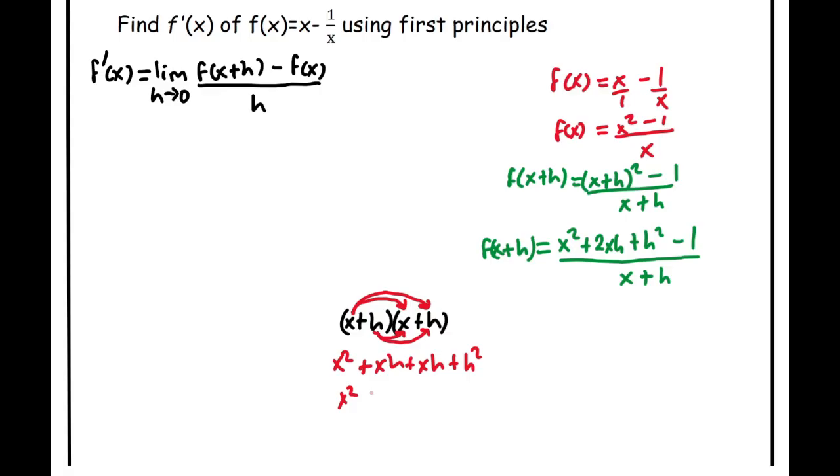So this becomes x squared. These two are like terms. When we add them, we get 2xh plus h squared. That's how we got this result. Then this is minus 1 from the previous step.